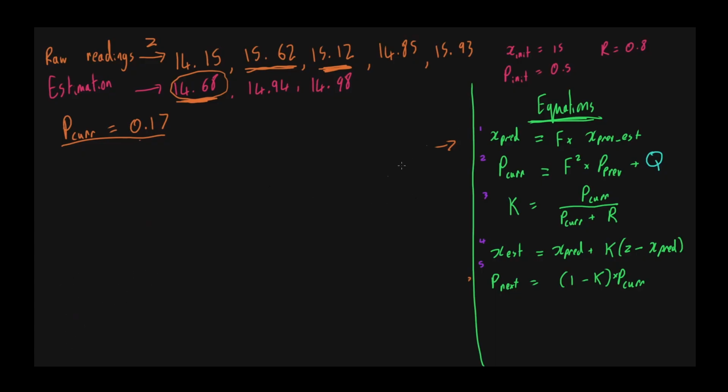So remember, again, we've done the third time step here, and now we're on to the fourth time step. So again, X predicted. We just repeat these 5 steps again and again at every time step. So I've done X predicted, which is just this value here, which is 14.98. Now remember that the reason I'm using just 14.98 here is because it's a constant model, so F is just 1.